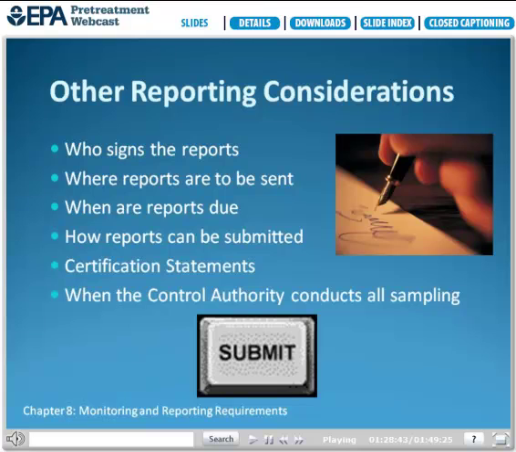Unless the control authority has gone through a review to have electronic reporting approved, the reports have to be submitted either by fax or by mail in hard copy and cannot be submitted as an electronic document.